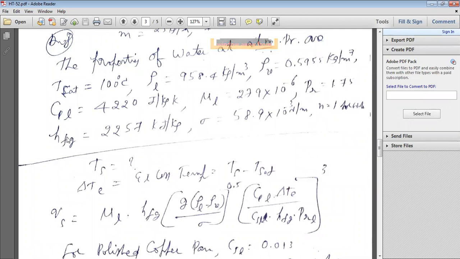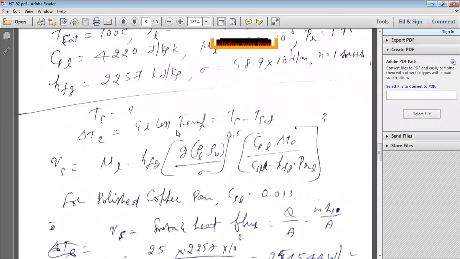Latent heat of vaporization hfg is 2257 kilojoules per kg. Surface tension sigma is 58.9 × 10^-3 Newton per meter, the same data at 100 degrees centigrade as in the earlier problem. And here n is equal to 1 for water.